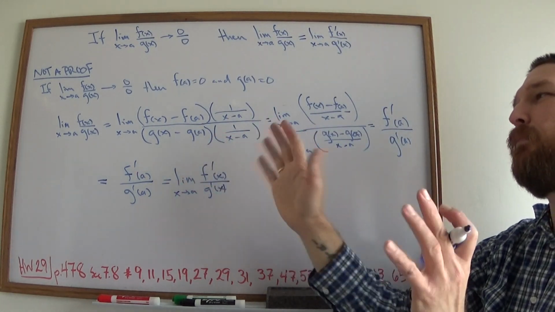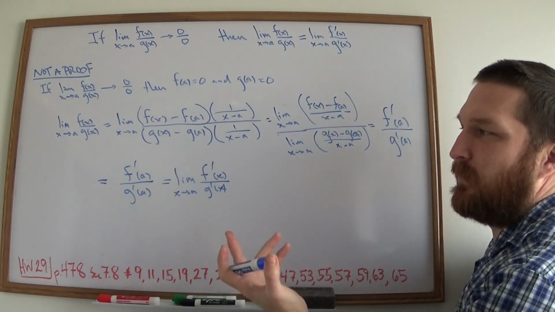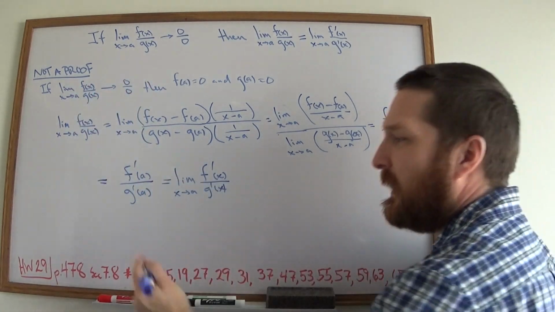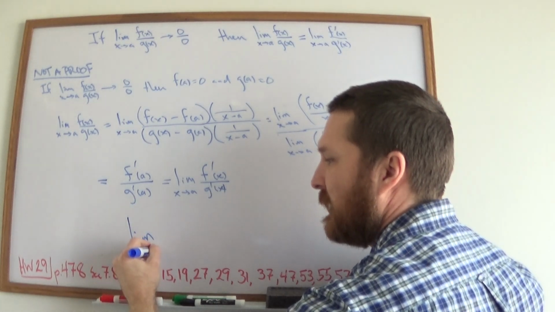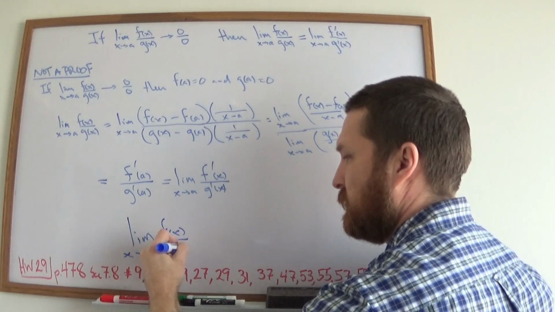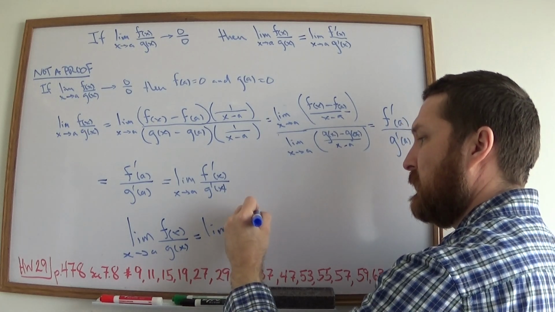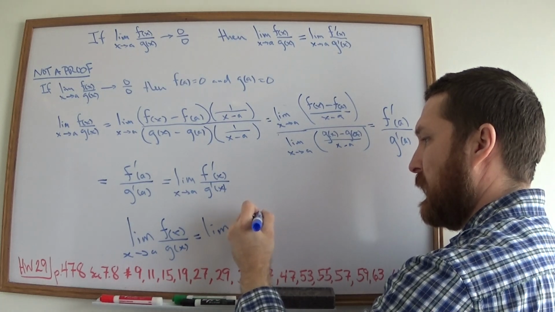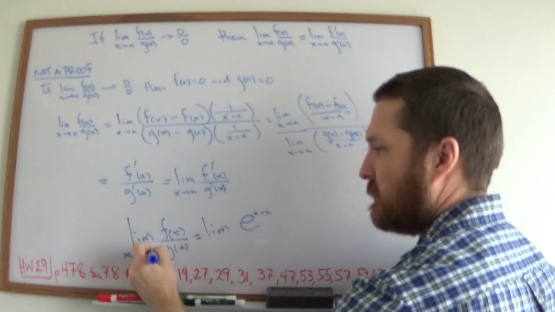Now we've seen a proofy thing here. You see what I don't like about this though, and why I think this isn't quite as rigorous as I'd like, is if this is going to 0 over 0, I could literally choose any function that goes to 0. I could say, well, if this goes to 0 over 0, then that's the same thing as a limit of, I don't know, e to the x plus a, and let's say it's going to 0.